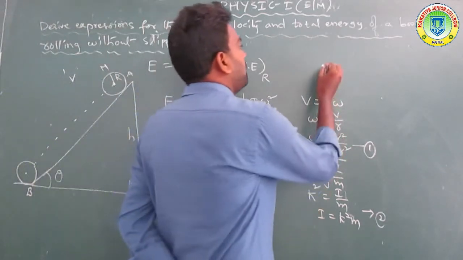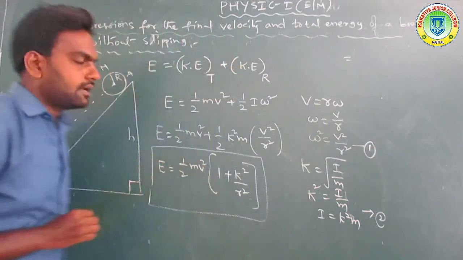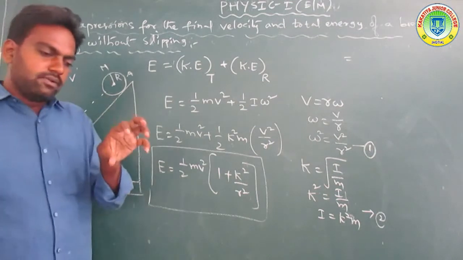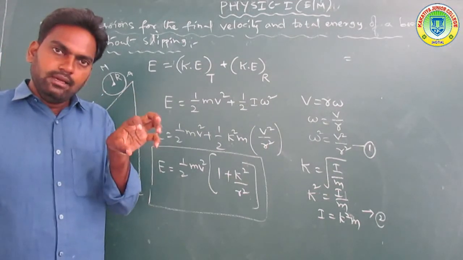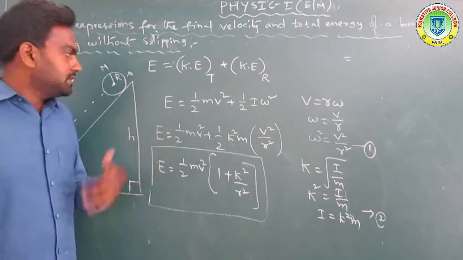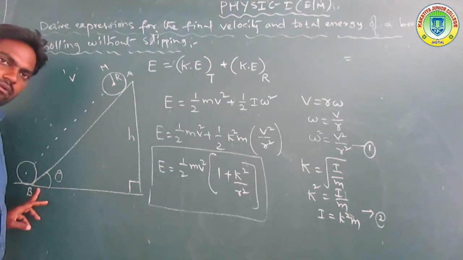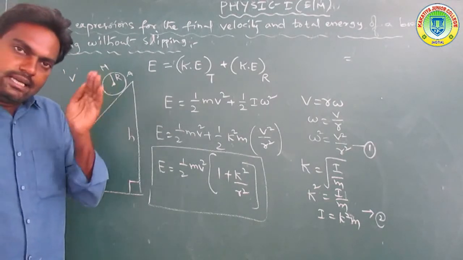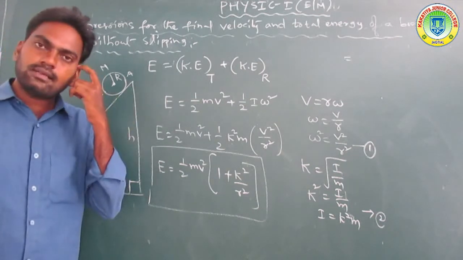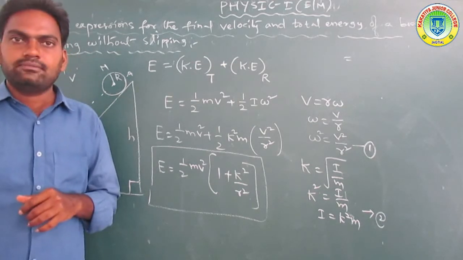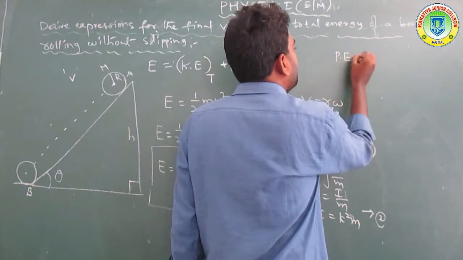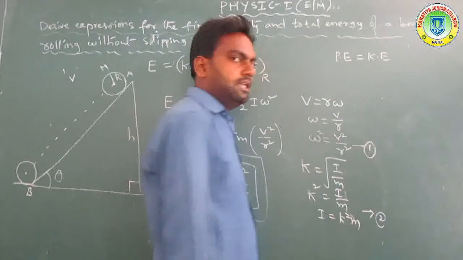Observe that the body first has potential energy, and as it moves to reach the ground, the potential energy is lost and kinetic energy is gained. The potential energy lost is equal to the kinetic energy gained.